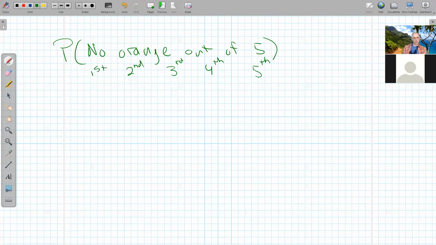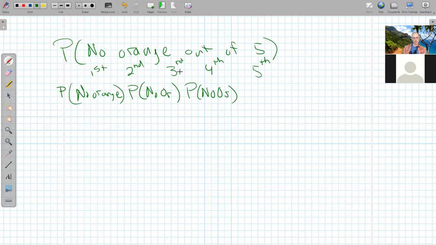But the first one can't be orange, so no orange in the first one. And the second one, that also can't be orange. No orange for the second one. And the third one can't be orange either. I'm just going to abbreviate that, no or. That's the third one. The fourth one, that can't be orange either. No orange. And the fifth one can't be orange.